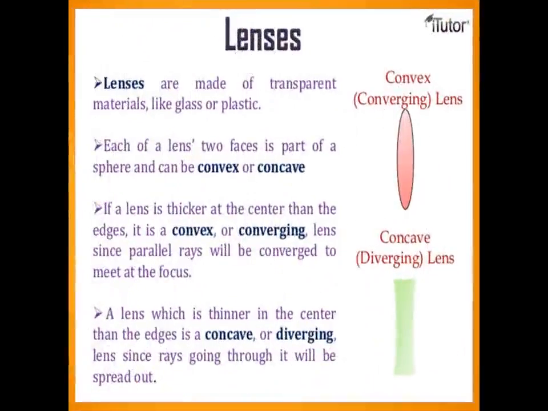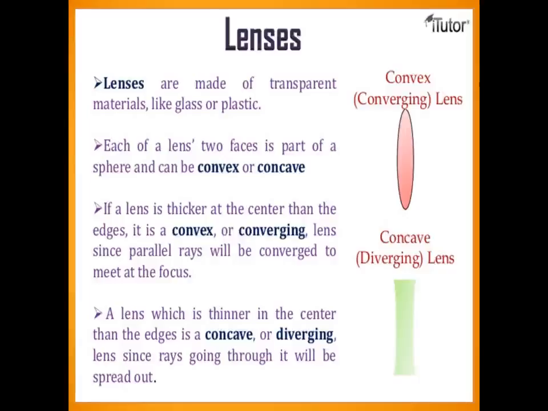Now, lenses. What is a lens? Have you seen lenses? Yes, everyone has seen. A lens is an optically transparent medium bounded by two spherical refracting surfaces, or one plane and one spherical surface.